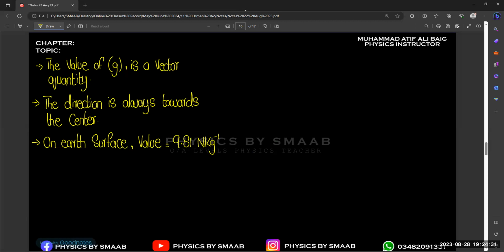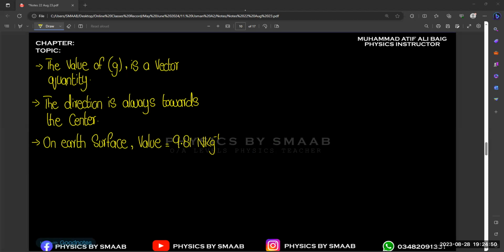And we know that outside the Earth's surface, the value will not be constant. So it will not remain constant.